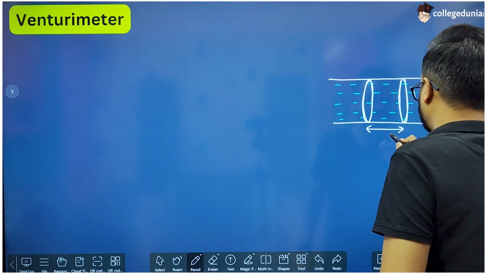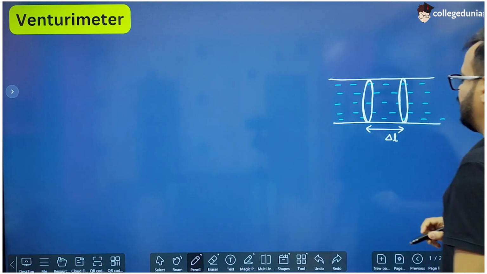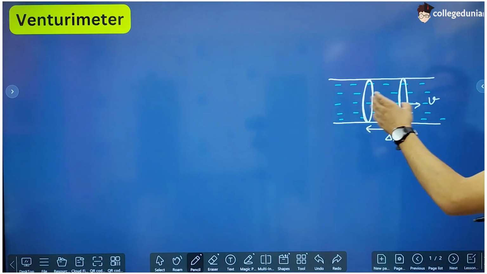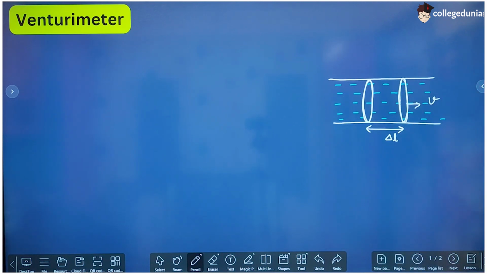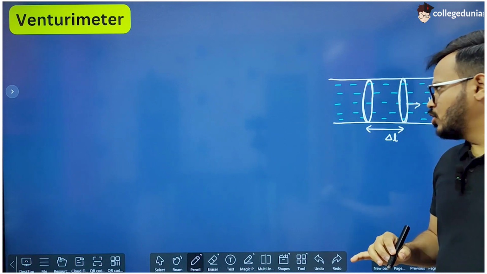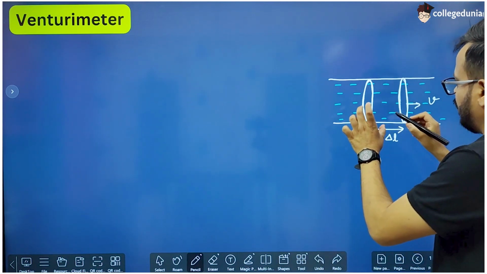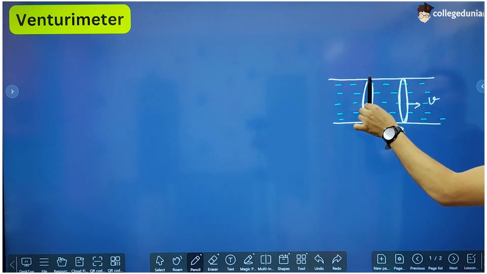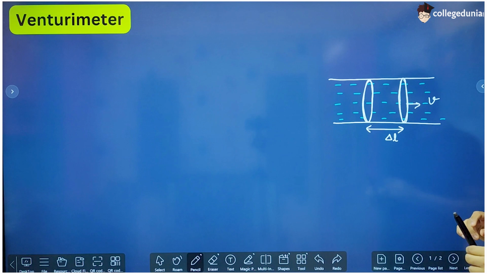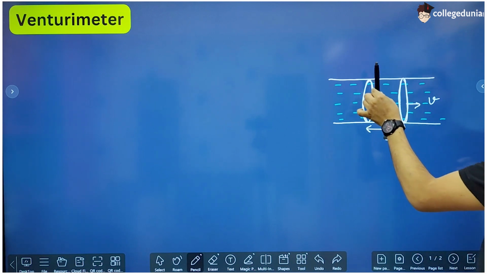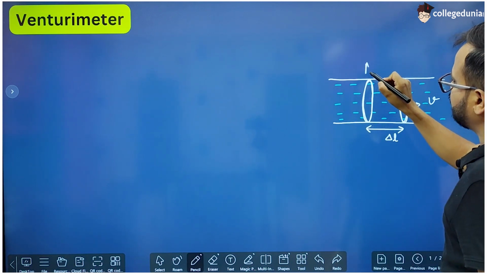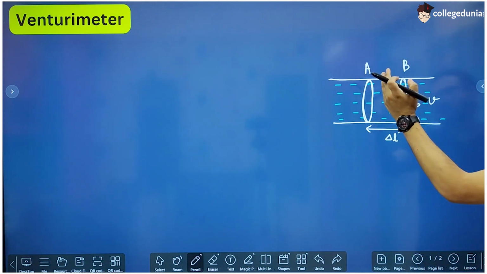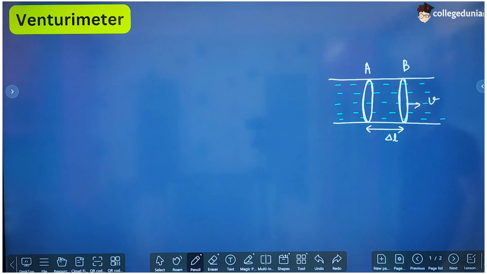Let us say the length of this part is delta L, and the velocity of the liquid flowing in this tube is V. Suppose the liquid takes time delta t to move from this cross section to this cross section. Let us say this end is A and this is B. So the liquid takes time delta t to move from A to B, right?